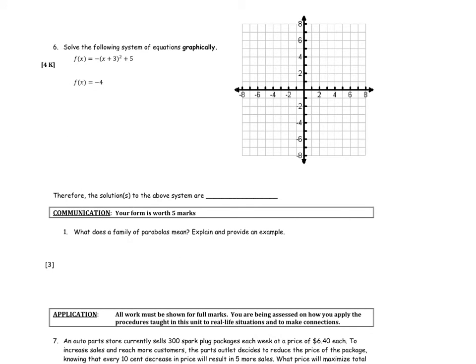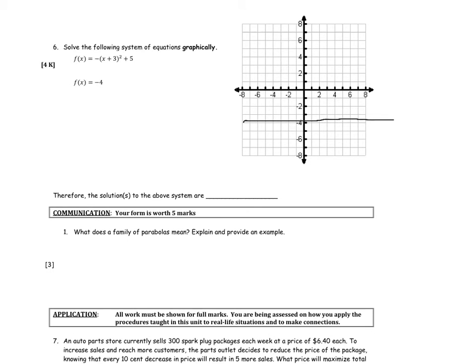The next question says solve the following system of equations graphically. The first one is the vertex form of a quadratic function, and the next one is a horizontal line. The horizontal line is easy to plot. It's going to be a line which goes through the point -4.